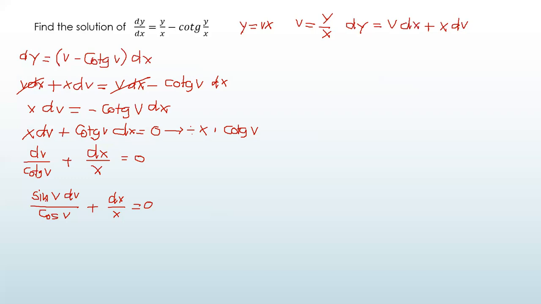Sine phi over cosine phi is tangent, so if we integrate, it becomes the integral of tangent phi d phi plus the integral of dx over x equals 0.